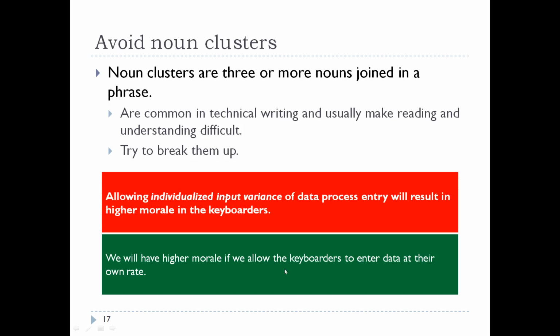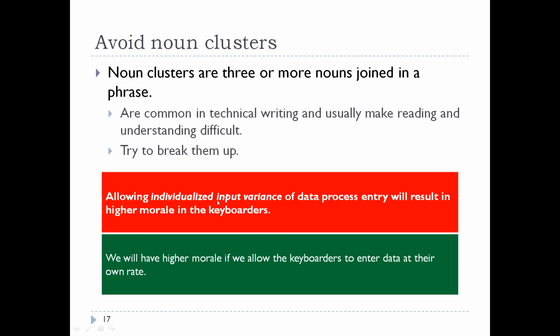Okay. So here it is specified in these words. If we allow the keyboarders to enter data at their own rate, data at their own rate is basically individualized input variance. So this sentence is way clearer than this one. And why?